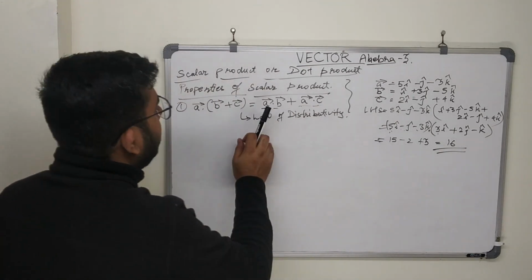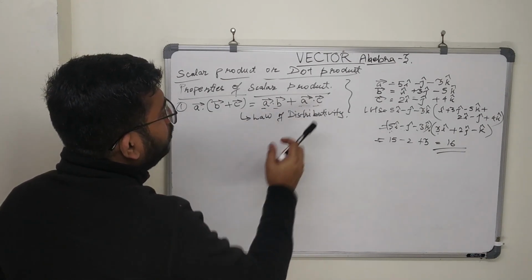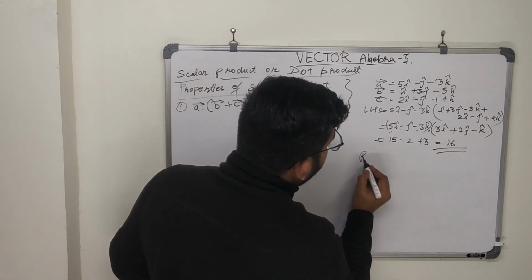Now finding the right hand side of the property, that is A vector dot B vector plus A vector dot C vector. So we will find the RHS.